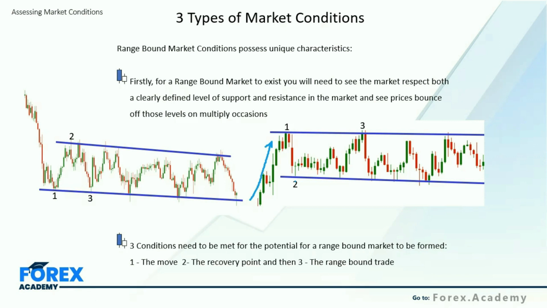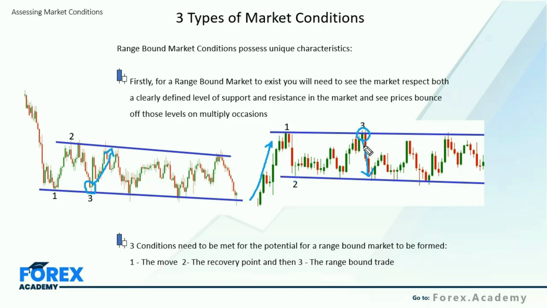So this is where your range-bound traders would look for opportunities to sell this particular market if they get an opportunity, and they would look to exit around the lower band. So whereas on the left-hand side example, a range-bound trader would be looking to buy this market and they'd be looking to exit at the top edge.